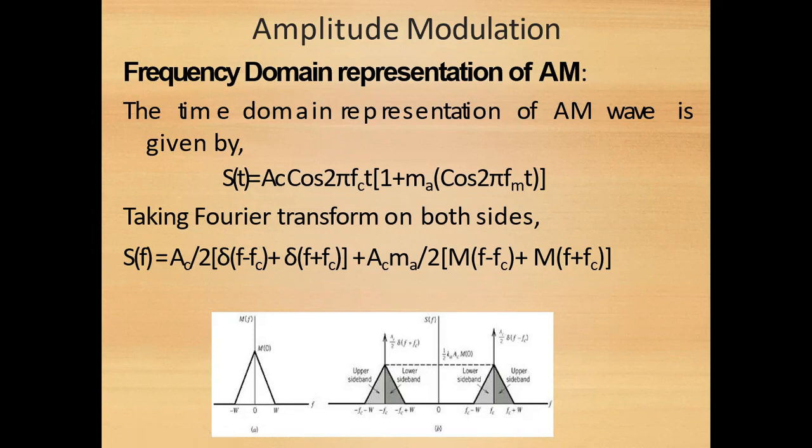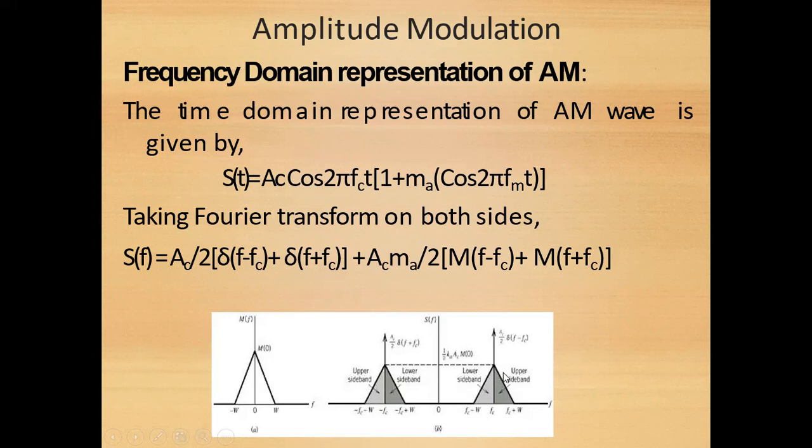Then the message signal is band limited, shifting by omega. So here we write it as fc plus omega, and on the negative side fc minus omega, and then minus fc plus omega and minus fc minus omega. This frequency domain equation we can represent using a frequency domain graph, the frequency spectrum.